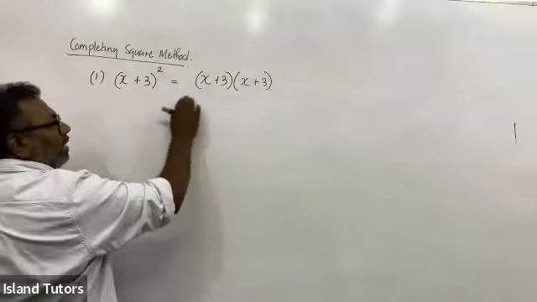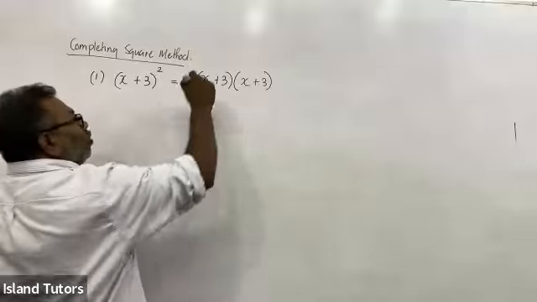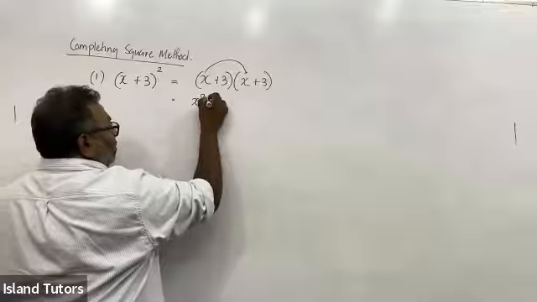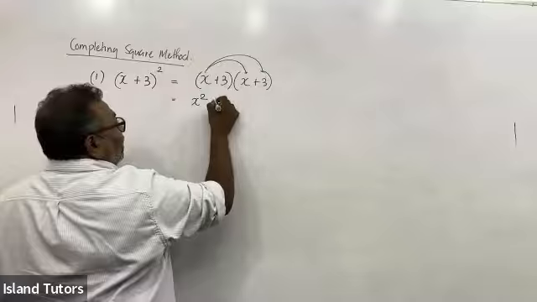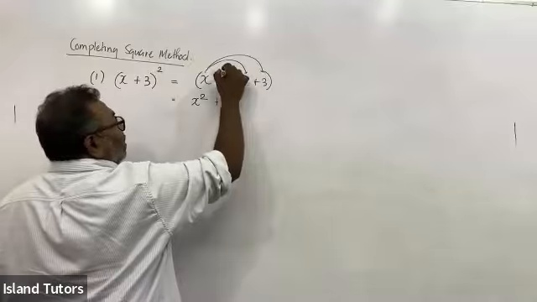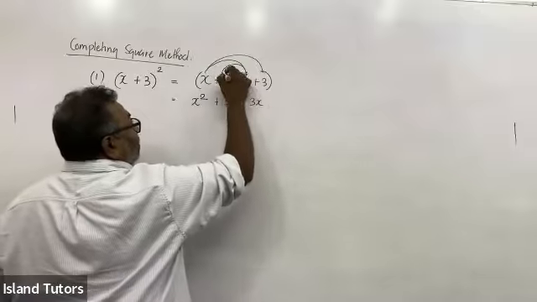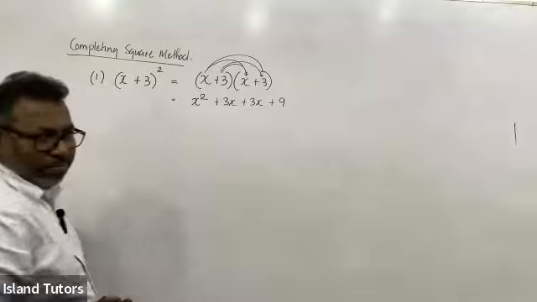X plus 3 squared is x plus 3 multiplied by x plus 3. So x into x is x squared. X into 3 is 3x. Another 3 into x is 3x. 3 into 3 is plus 9.